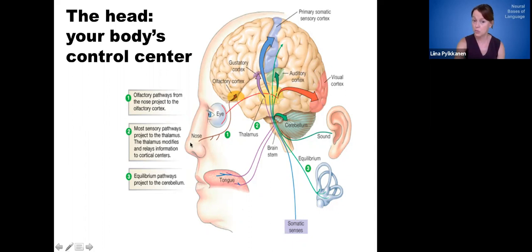Interestingly, from your nose, the signal goes straight to the smell cortex, the olfactory cortex at the very front of your brain. So that pathway is a little bit different. But that's kind of how the different sensory pathways are organized inside your head.